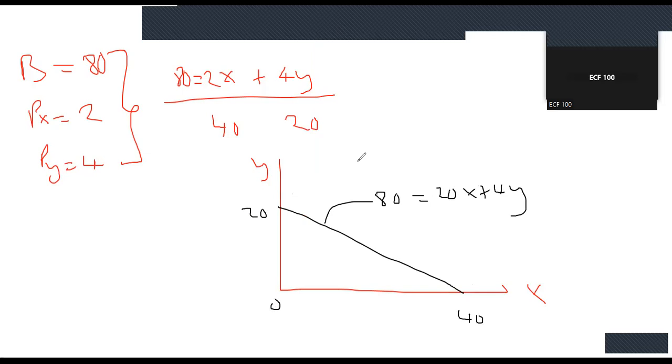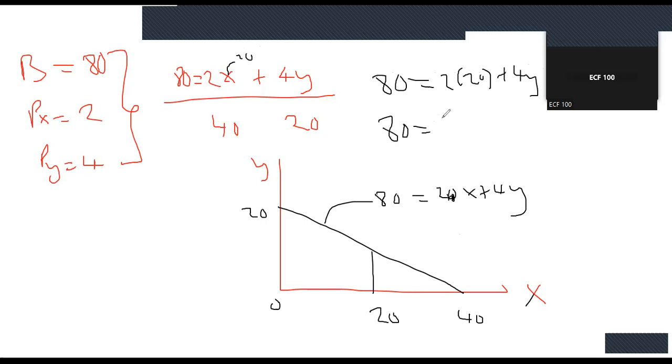All right. Now, we may be asked a question to say, suppose you want to consume 20 units of good X. How many units of good Y are you going to consume? Where there's X, we're going to put 20. So 80 is equal to 2 times 20 plus 4Y. Here we have 40, then here we have 4Y.